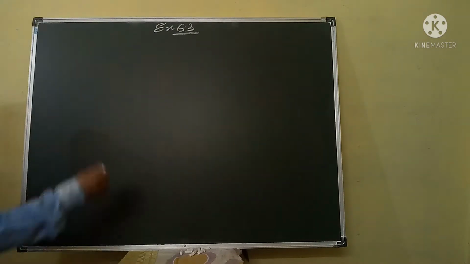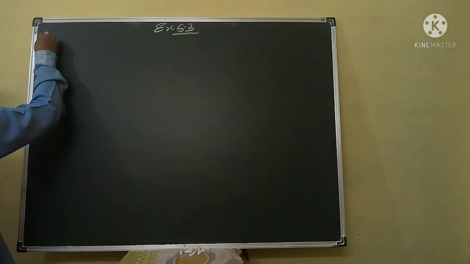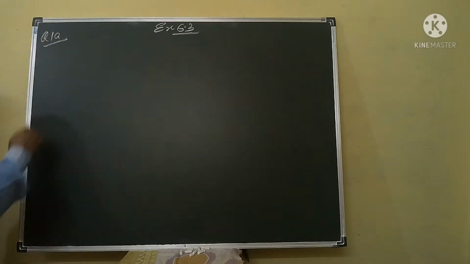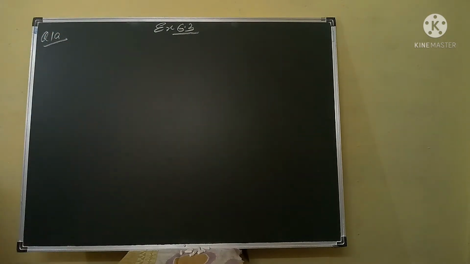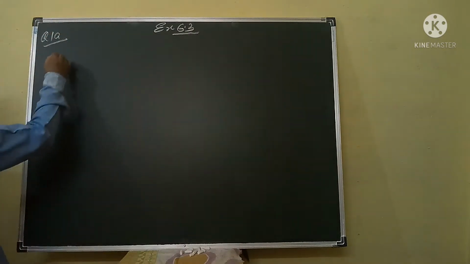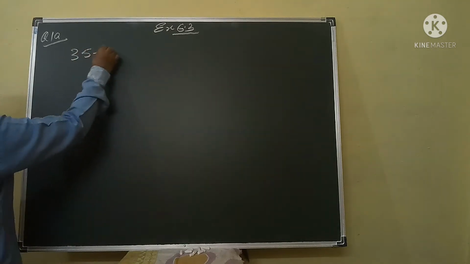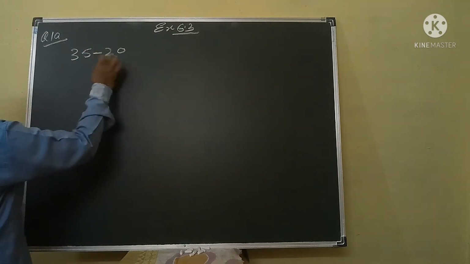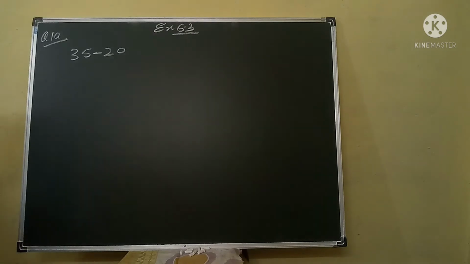In question number 1a, find 35 minus 20. That means this question depends on the subtraction of integers.